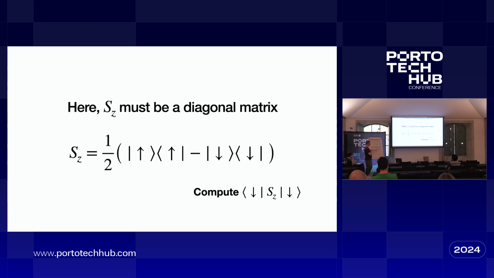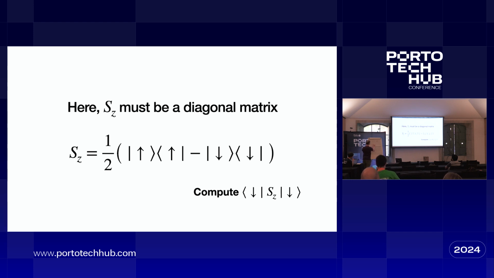For the quantum state down, okay? Let's say I've got a quantum state where the electron is pointing down, right? What's down, SZ, down?